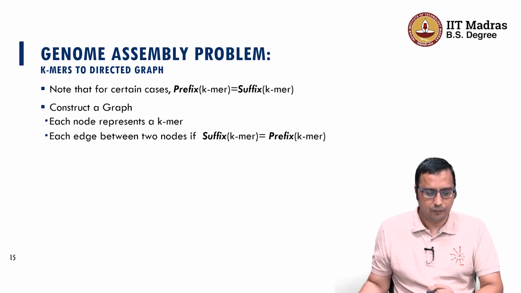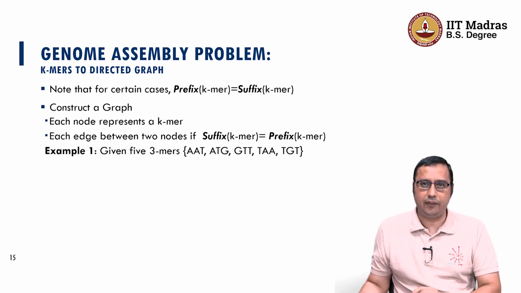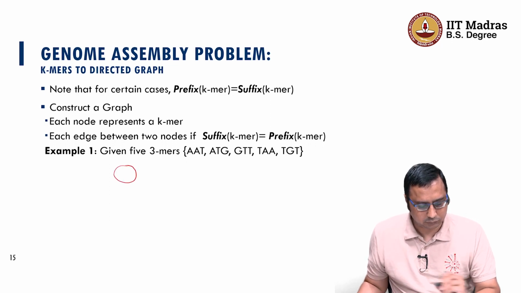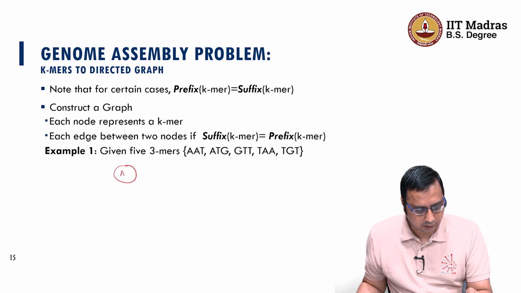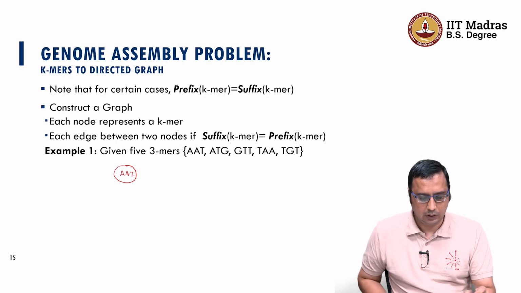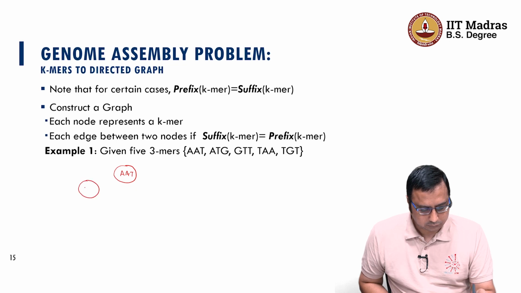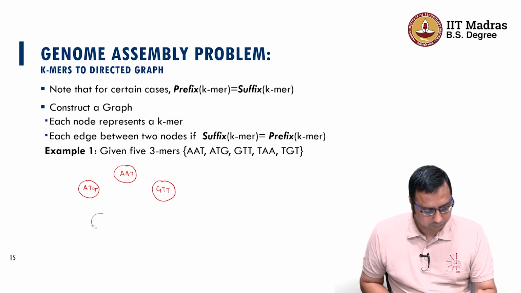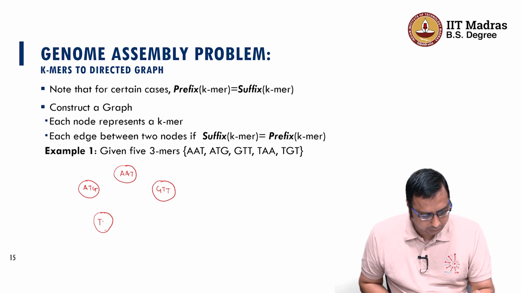I'll take an example here. I will construct nodes: AAT, ATG, GTT, TAA, and TGT.